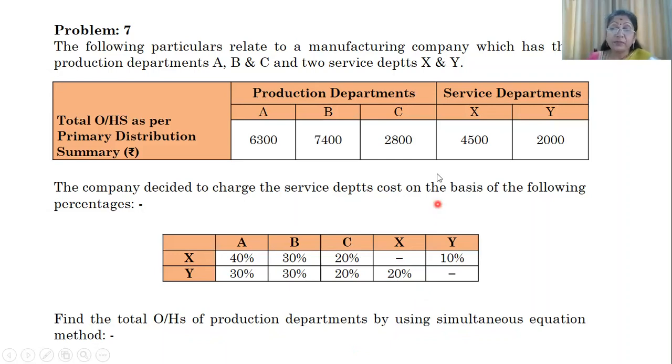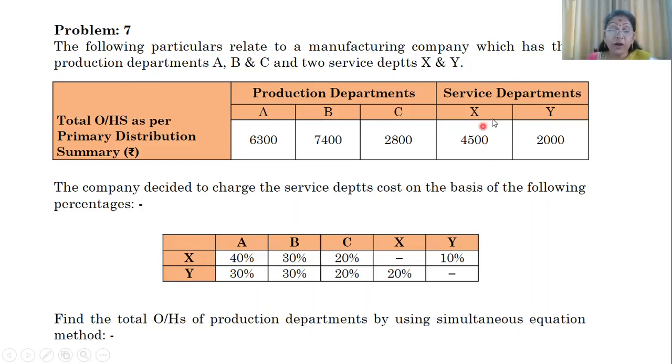According to this method, the total overhead cost of service departments is ascertained with the help of simultaneous equations. Even though the service department cost is given in the problem, we need to find the service department cost with the help of the simultaneous equation method.